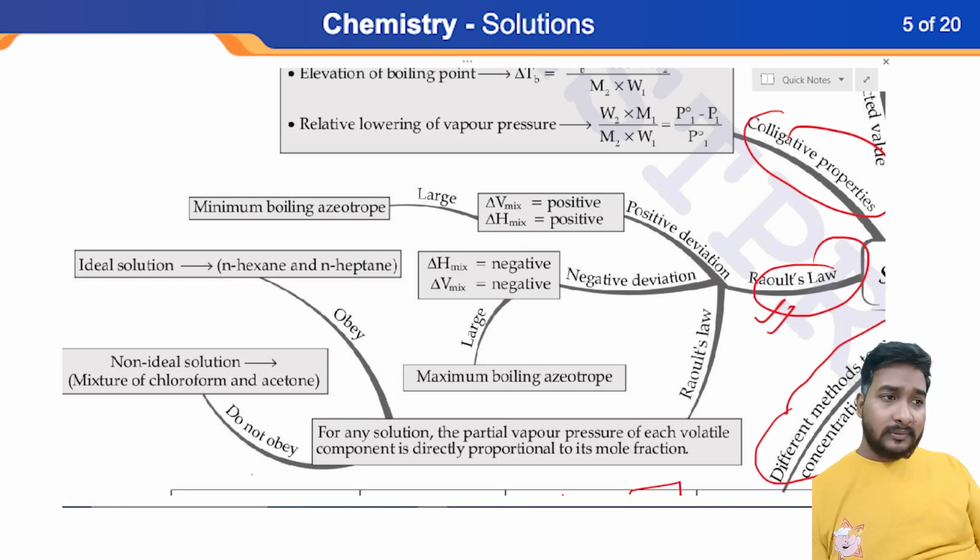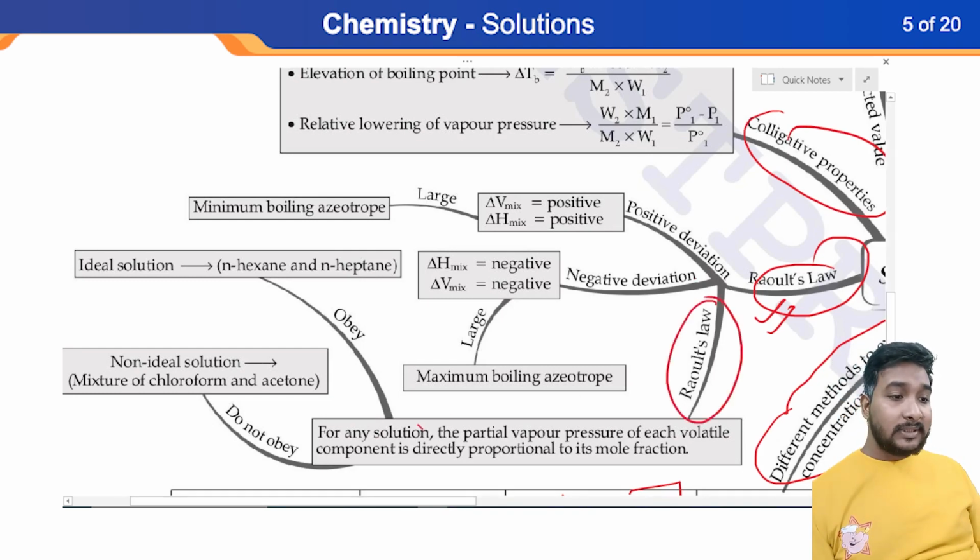There are two kinds of solutes, everybody: volatile solute and non-volatile solute. So what does Raoult's law say? Raoult's law says that for any solution, the partial pressure of each volatile component is directly proportional to its mole fraction.